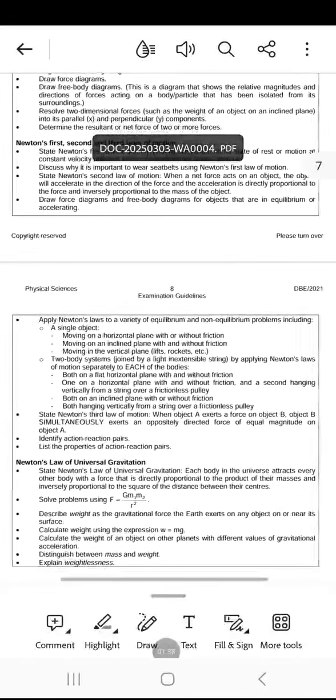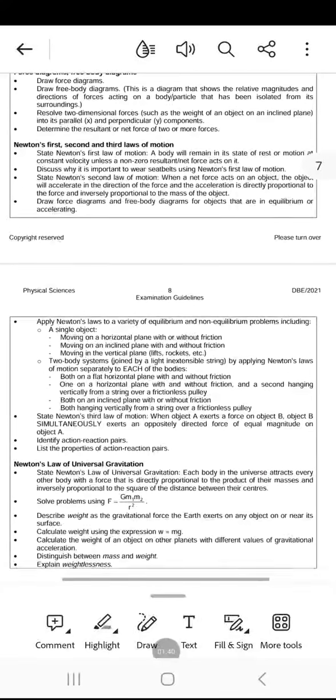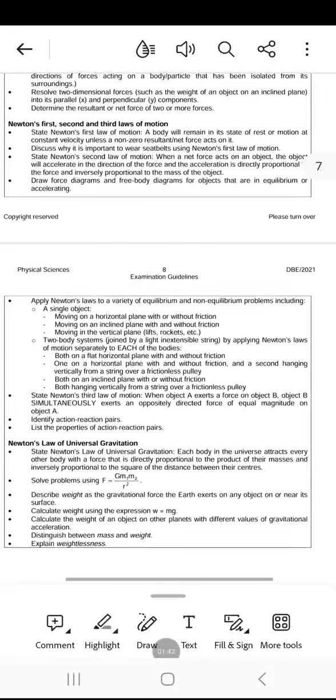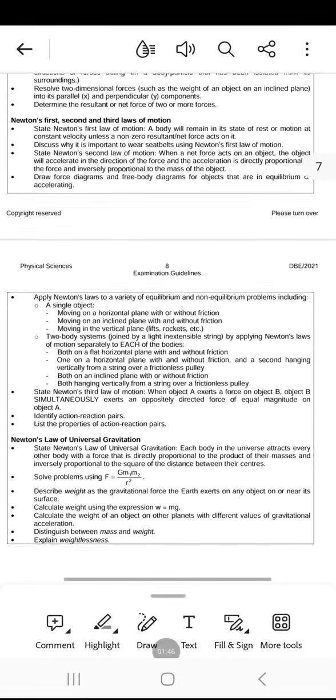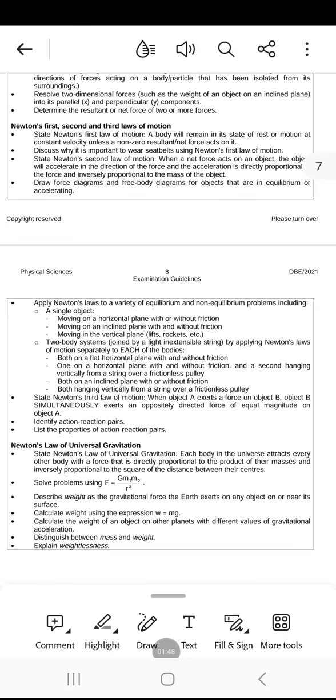As you can see, it's Newton's first, second, and third laws of motion. Let's start with Newton's first law of motion. It says a body will remain in its state of rest or of motion at constant velocity unless a non-zero resultant or a net force acts on it.